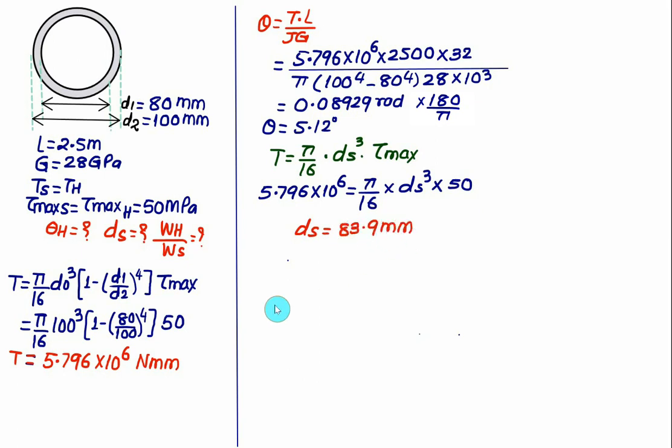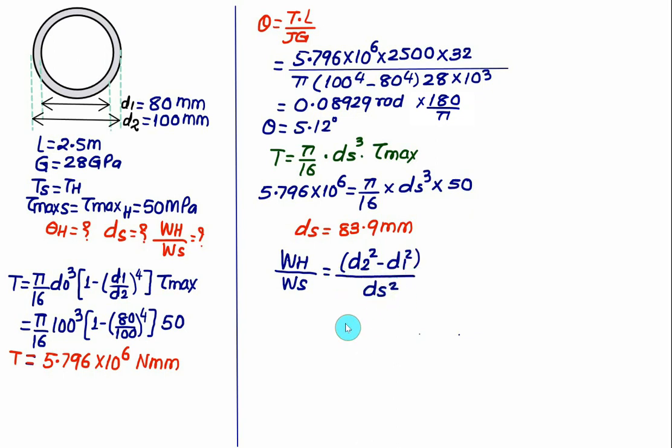And finally we find out the weight. The ratio of the weight and the ratio of the mass is the same. So we have weight of hollow shaft to the weight of solid section is equal to the cross section area. Pi by 4 cancels, and we have the cross section area for hollow as d2 square minus d1 square, and for solid it will be equal to ds square.